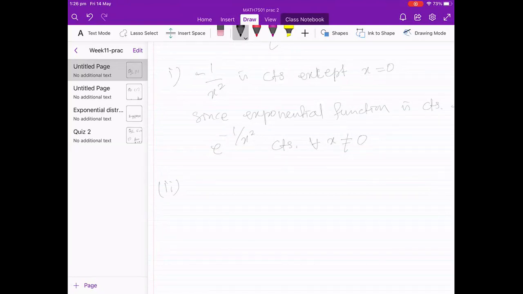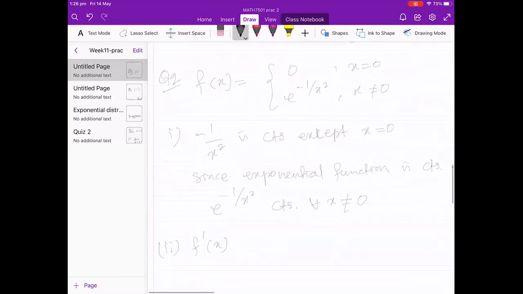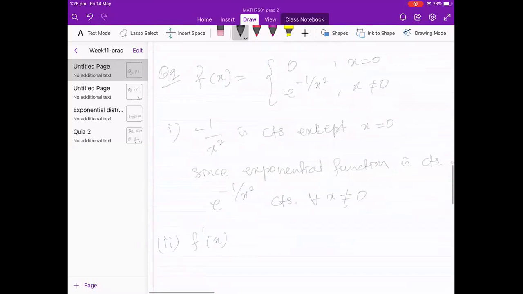calculate the derivative of f for each x not equal to 0. What's your answer? What's the rule that you're going to use here? What's the differentiation rule? Chain and quotient? Could you be using chain rule only?